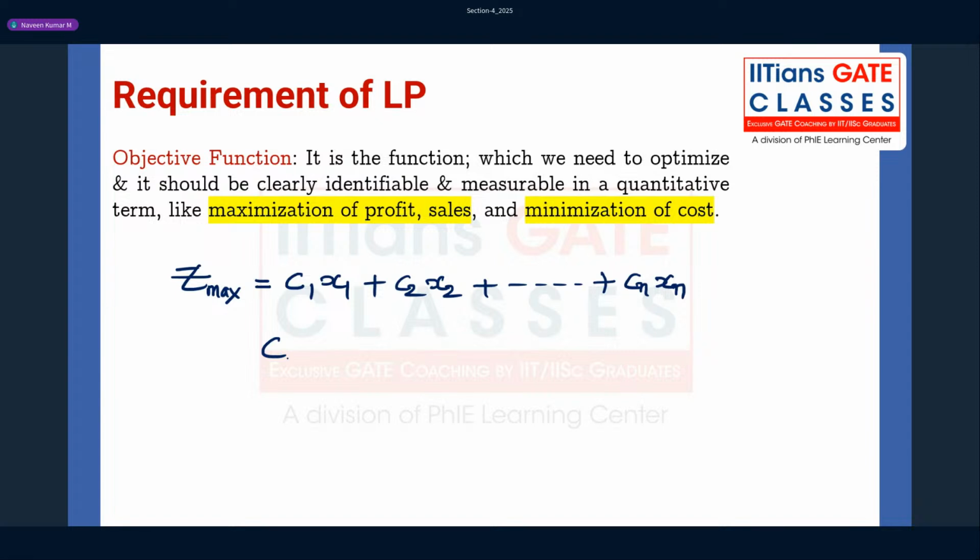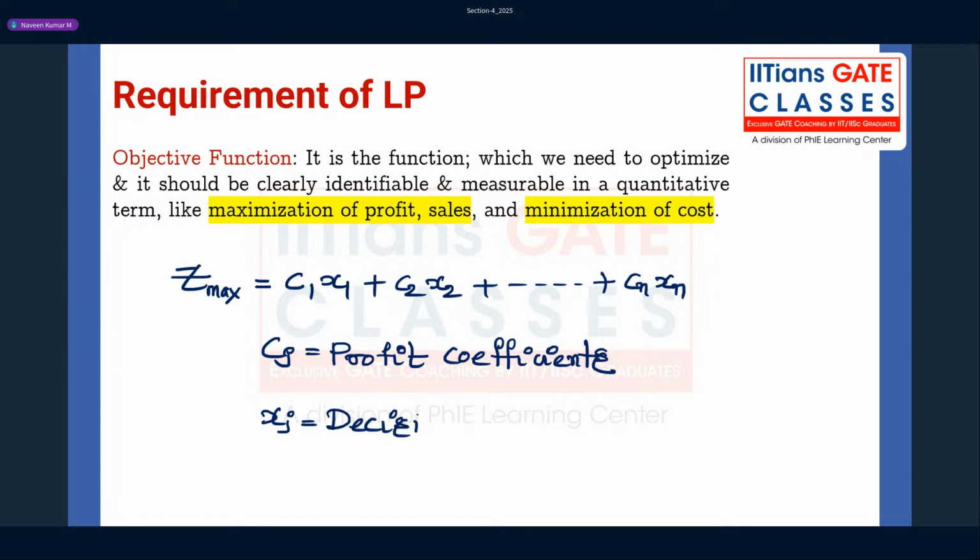The cj's are nothing but profit coefficients, that is, profit values. And xj's I can call decision variables, as I already told you, or choice variables.